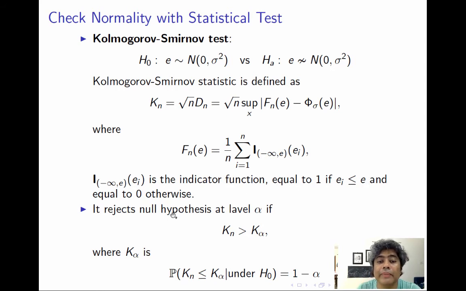It rejects the null hypothesis at level alpha if K_n is greater than K_alpha, the critical value at the alpha level of significance.